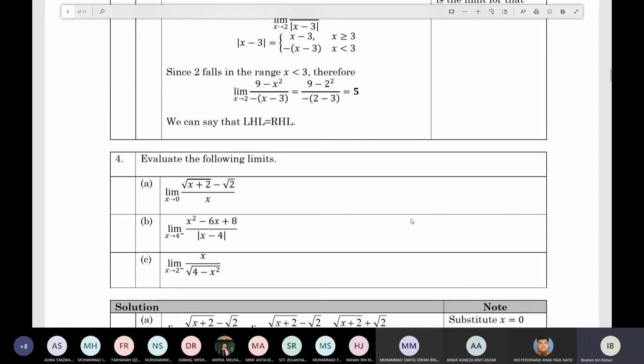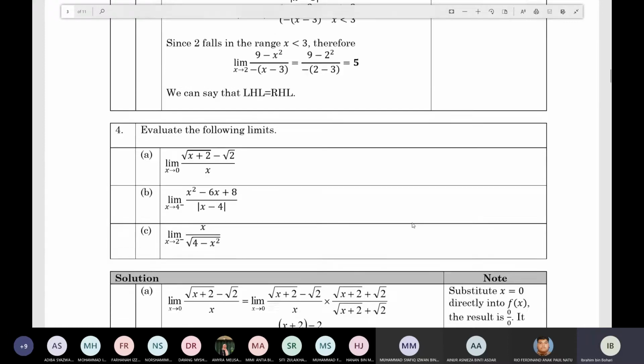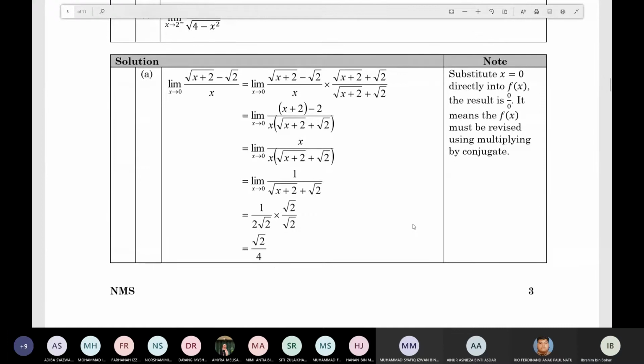Question 4, evaluate the following limits. Question A, limit of sqrt(x plus 2) minus sqrt 2 over x.